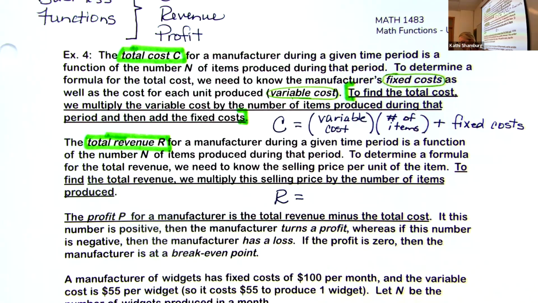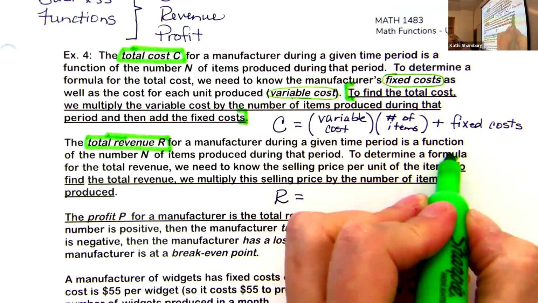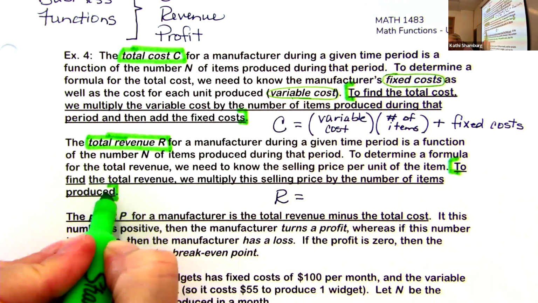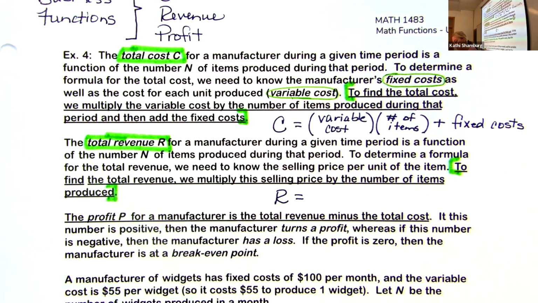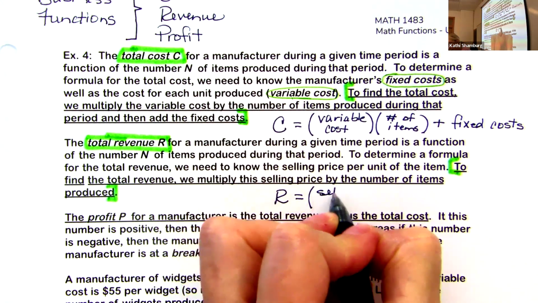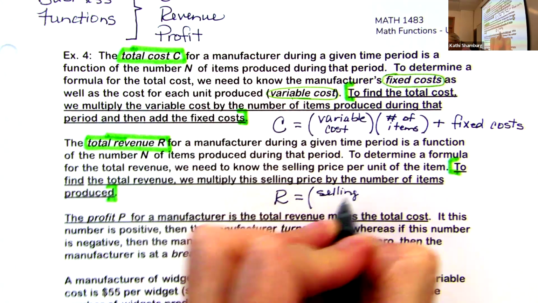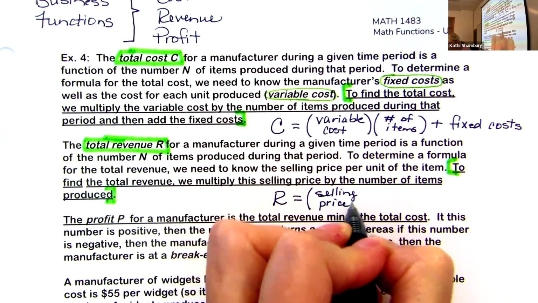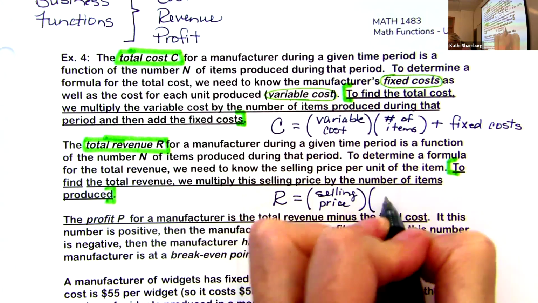To determine the formula for the total revenue, we need to know the selling price per unit of the item. To find the total revenue, we multiply the selling price by the number of items.